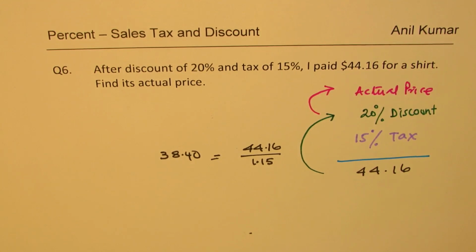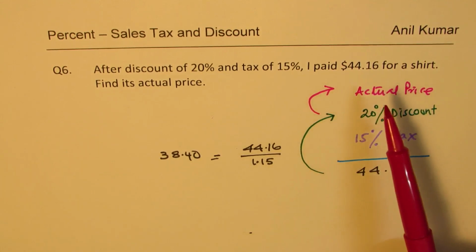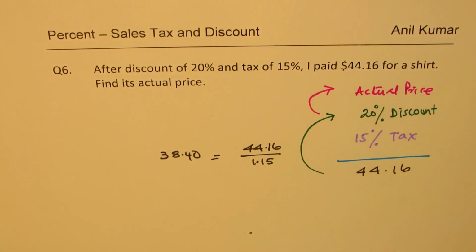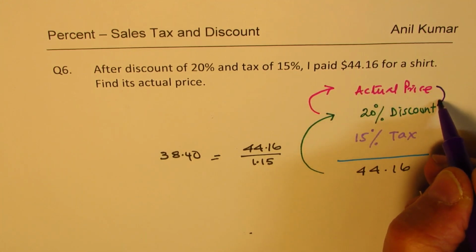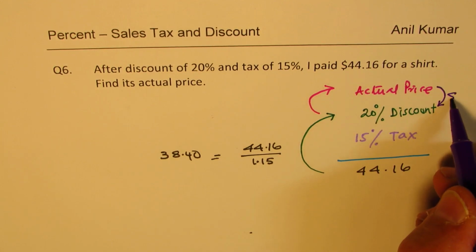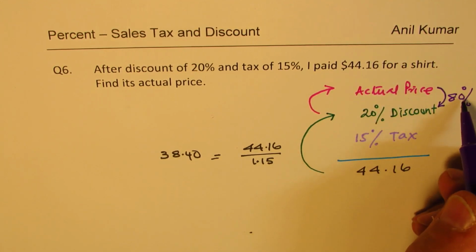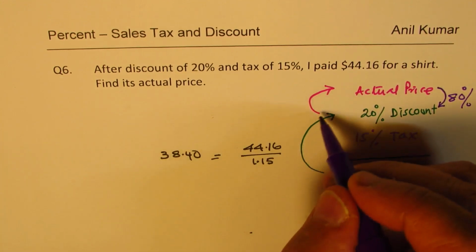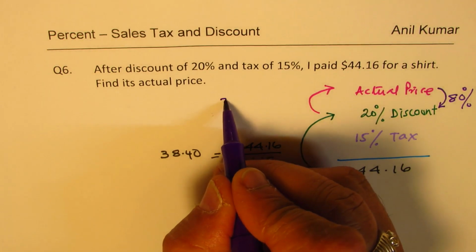So I hope you got your answer, right? Now think like this. When from the actual price you came to the discounted price, what did you do? You did not pay 100%. You paid 80%, right? A 20% discount means you paid 80%. So when you go back, you have to divide by 0.8.